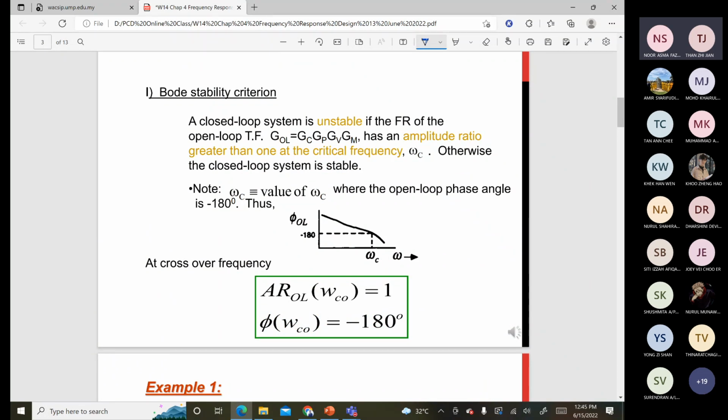In order to make sure the process is stable, we need to follow the following requirement, where the AR OL here stands for the open loop. And then you have the ωCO. ωCO here represents the critical frequency.